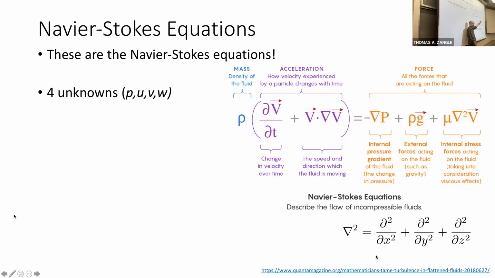So we have four equations, and we have four unknowns. We don't know the pressure field, and we don't know the velocity field in x, y, and z. So four equations, four unknowns, seems like it should be easy.